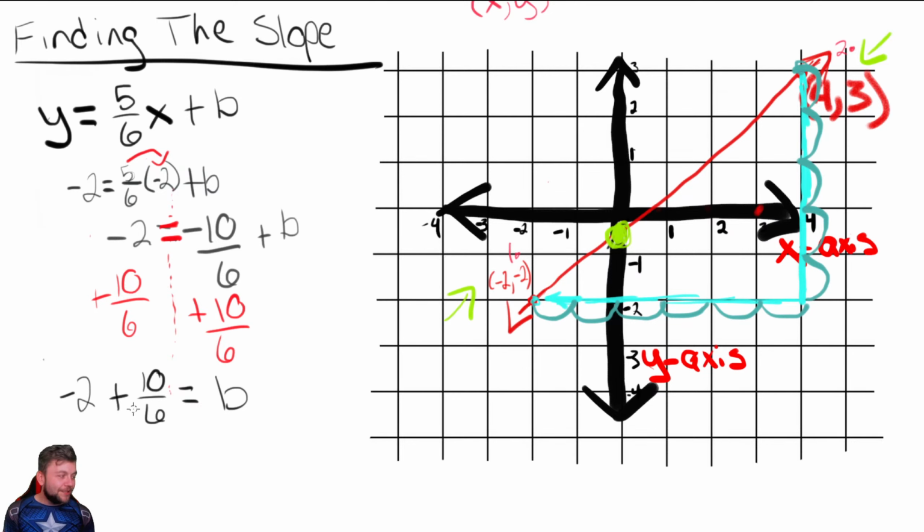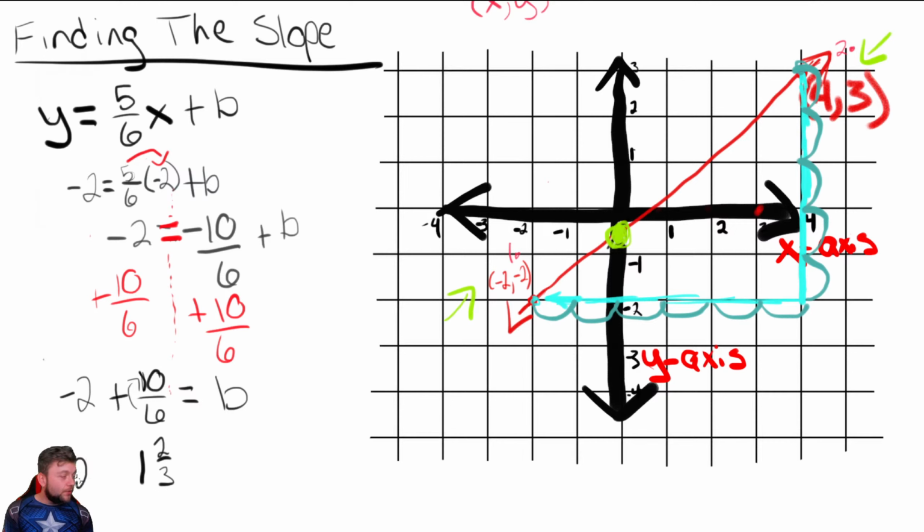So how many times does 6 go into 10? It goes into it one whole time, with a remainder of 4 over 6. And what is another way of thinking of 4 over 6? That is 2/3. So let's change that to 2/3.